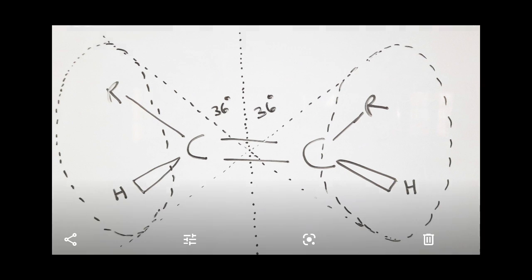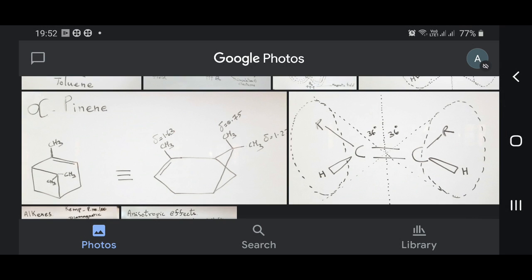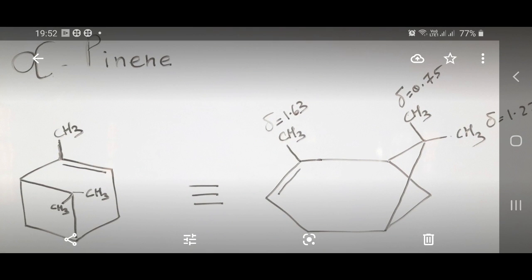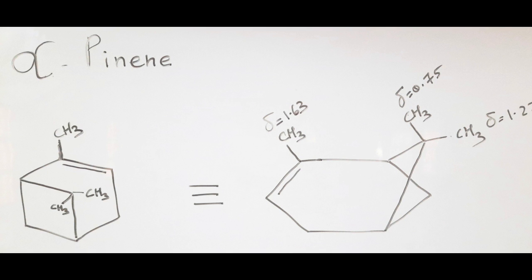And we have one example for this also. I will show you. See, in a molecule of alpha pinene, we have two methyl groups attached to one carbon. Such groups are called gem dimethyl groups. And over the carbon-carbon double bond, you have a methyl group.